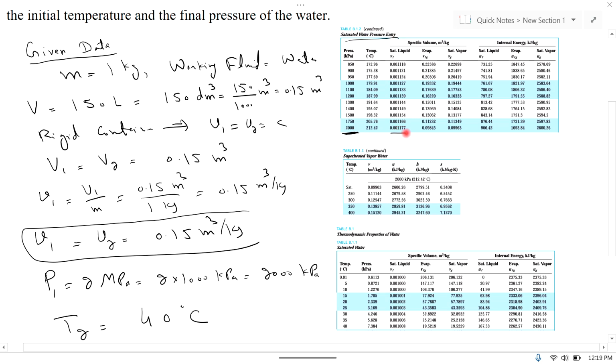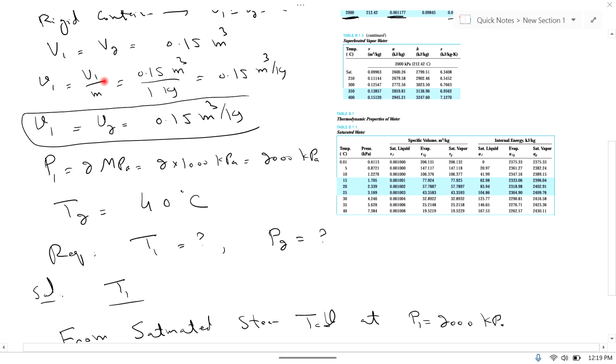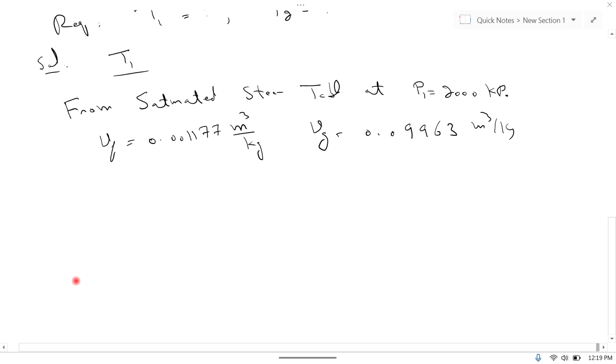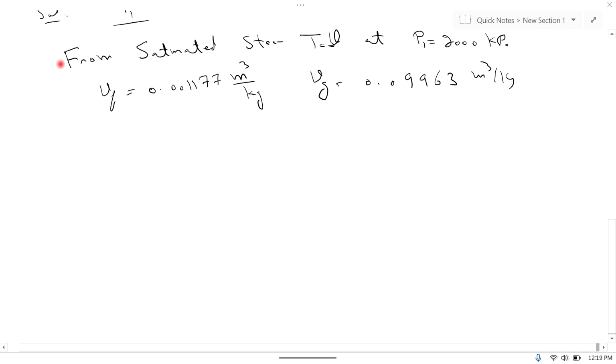So here Vf is equal to 0.001177 meter cube per kg, and Vg is equal to 0.09963 meter cube per kg, and V1 given to us is 0.15 cubic meter.